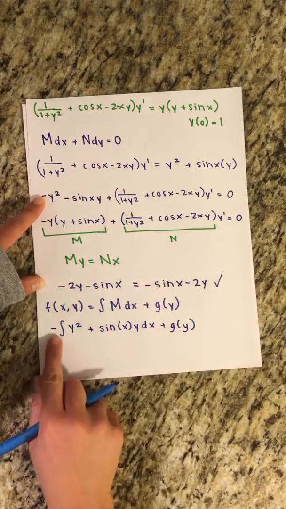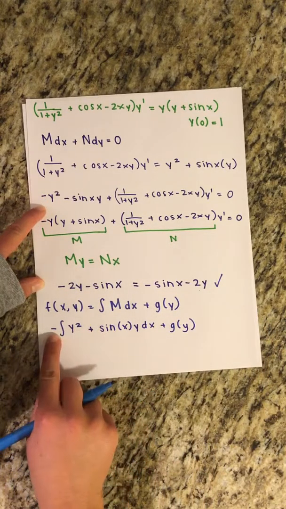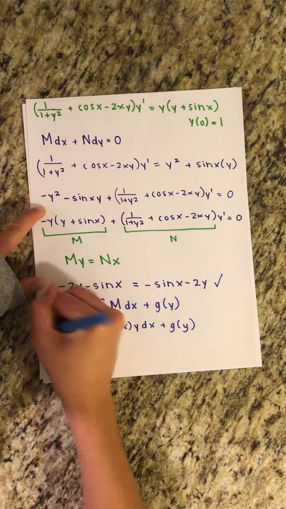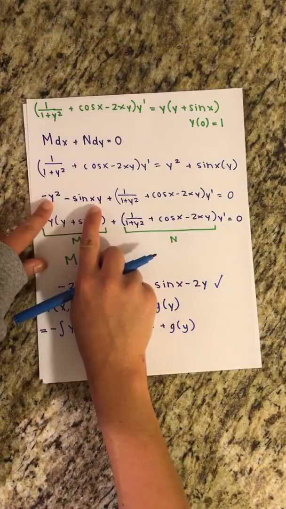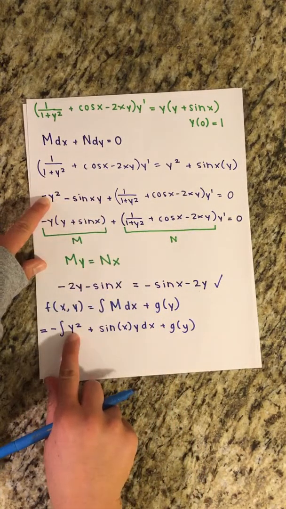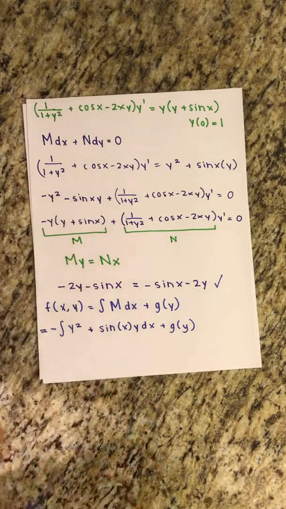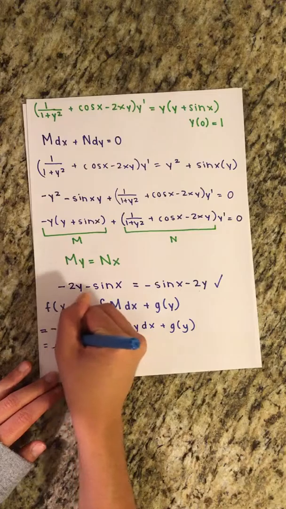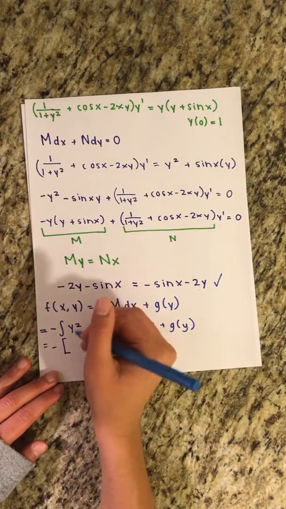And what I just did was I factored out the negative from the integral. You see that? I have this, and I'm factoring out the negative, so y squared plus sine xy. And then what I want to do is I want to split the integral.